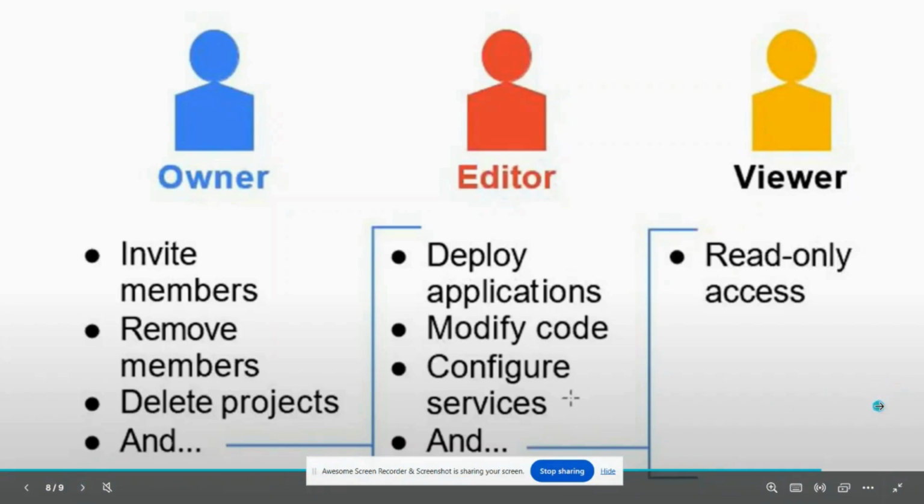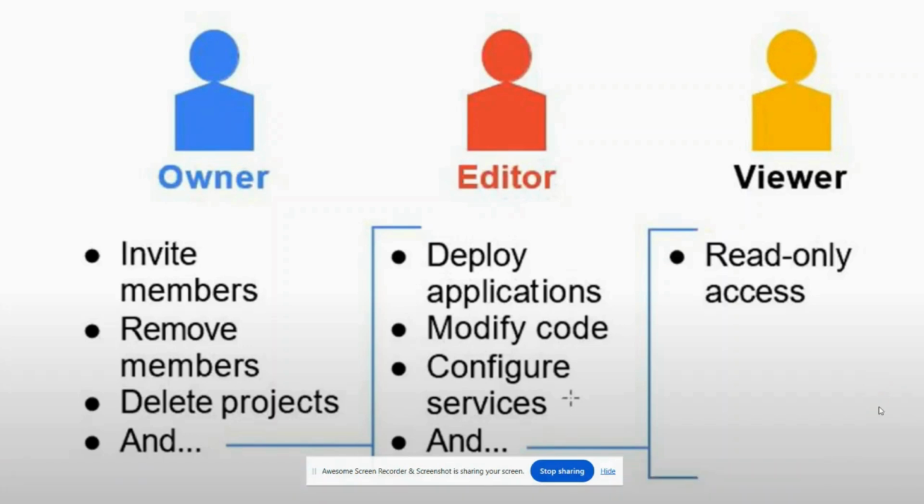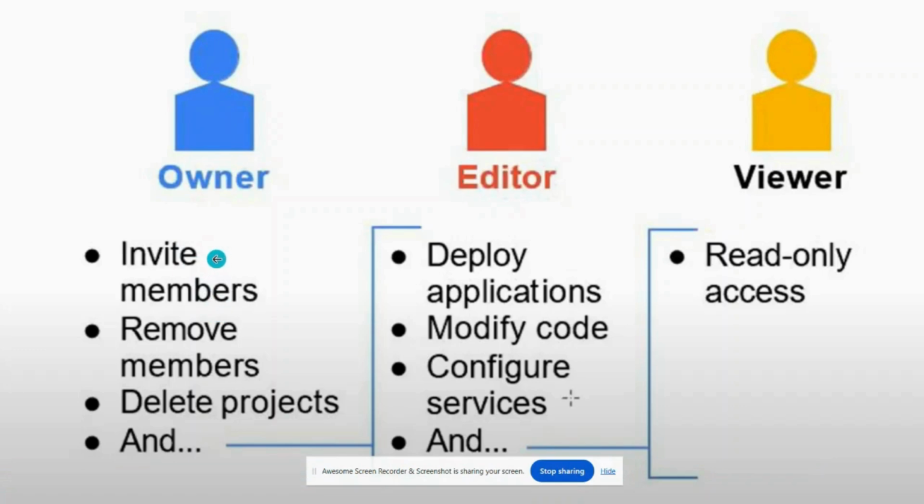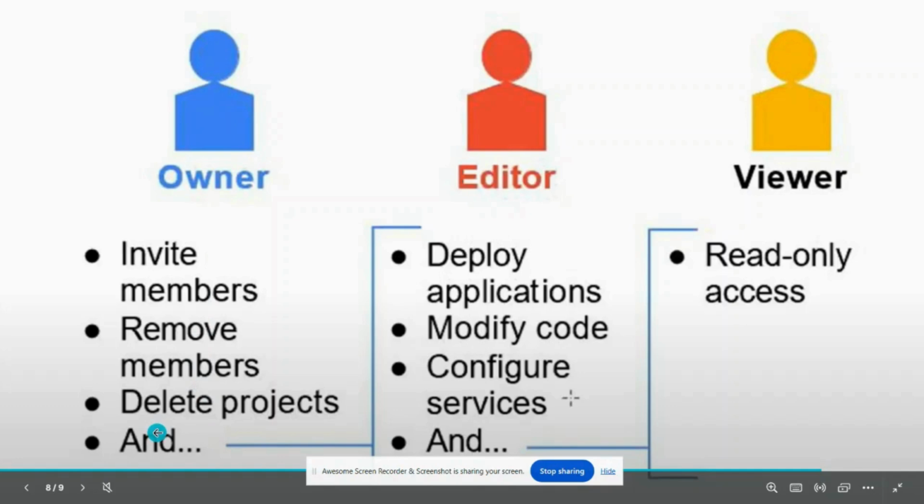As I said earlier, these are the three permissions majorly in access management. One is owner, second is editor, third is viewer. The owner has the invite access; he can add members, remove members, delete the project, and perform all the operations.